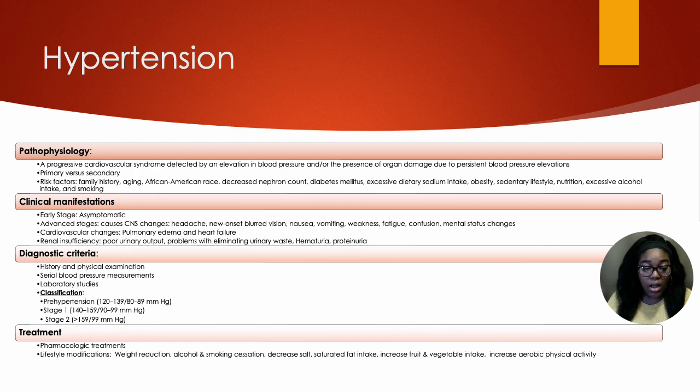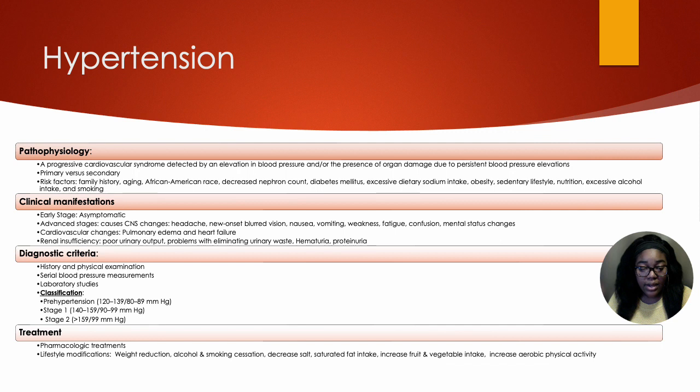And it can also cause stroke because your pressure is too high. You can see cardiovascular changes with heart failure and pulmonary edema. And you'll also see some renal insufficiency as it relates to poor urinary output, or you may have some issues eliminating your urine. You may even see blood in the urine or more proteins in the urine.